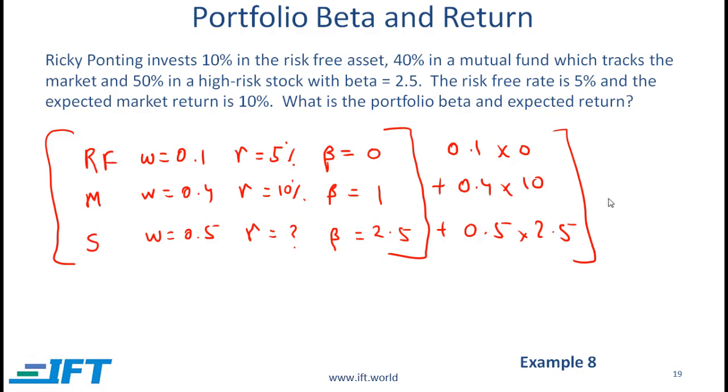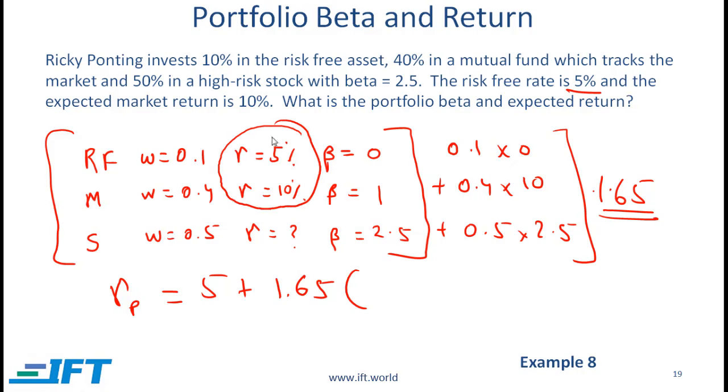When you do the maths, you should get 1.65. Then to compute the return of the portfolio, you can use CAPM and say return of the portfolio is equal to the risk-free return, which is 5%, plus beta 1.65 multiplied by the market risk premium, which is 10% minus 5% or 5%.